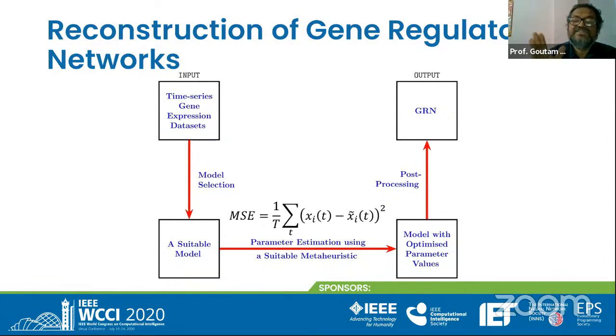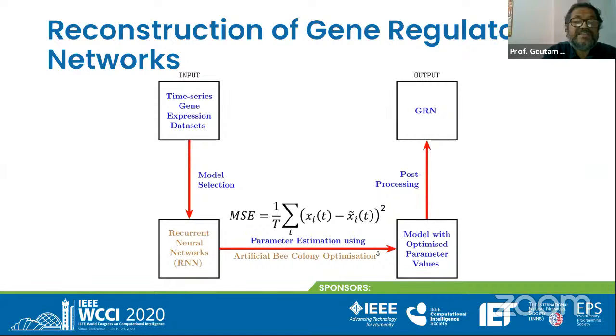Techniques are many, but two prominent techniques are used: one is RNN and another is S system. We have used RNN here. Next. Here ABC means artificial bee colony.